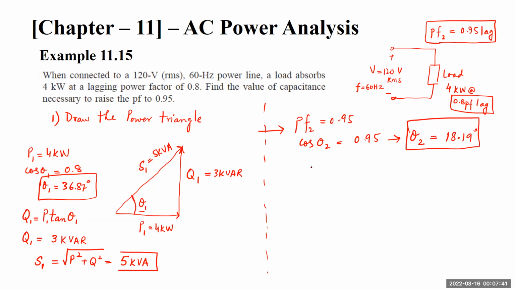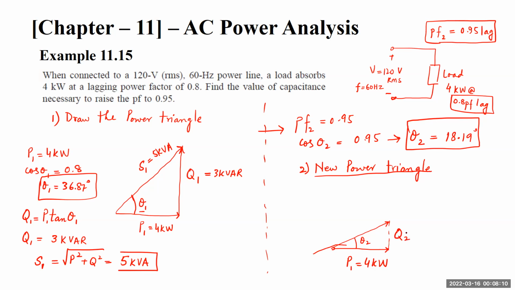The new power triangle. Remember, the active power or useful power will remain the same. So P will remain the same, so P is 4 kilowatts. And now theta2 is basically 18 degrees. So this is now theta2, this is 18 degrees.